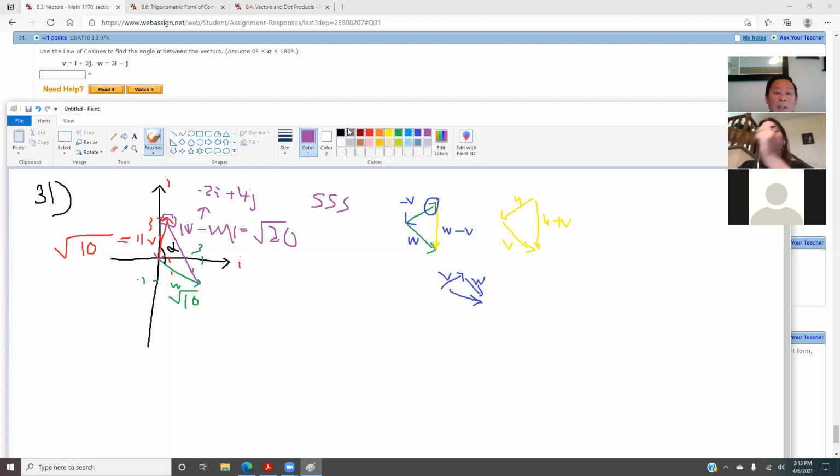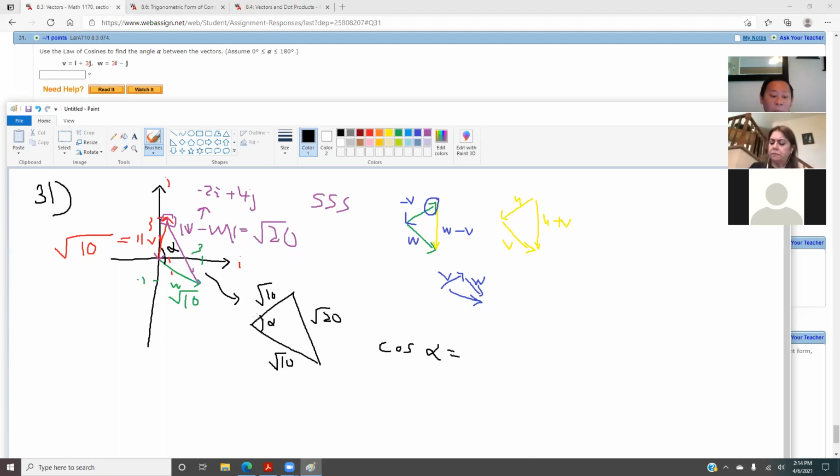So now you have what we call a triangle with 3 sides: root 10 on this side, root 10 on this side, root 20 on this side, and alpha, don't forget, we are looking for alpha here. So I'm just converting this into a triangle, so now we can use law of cosine.